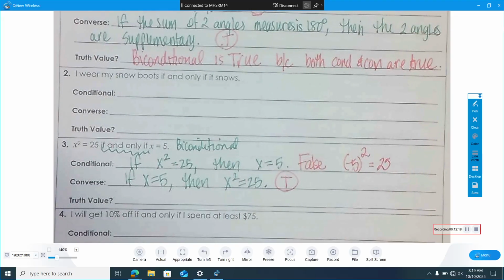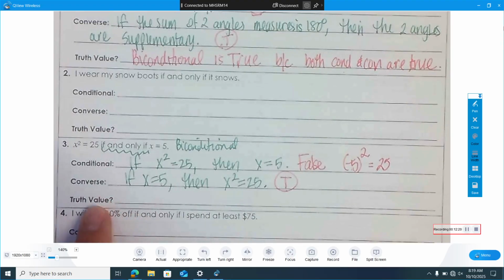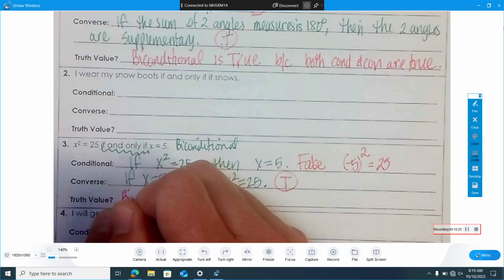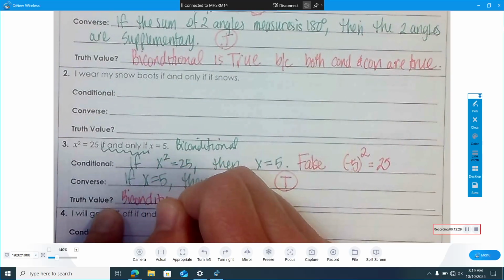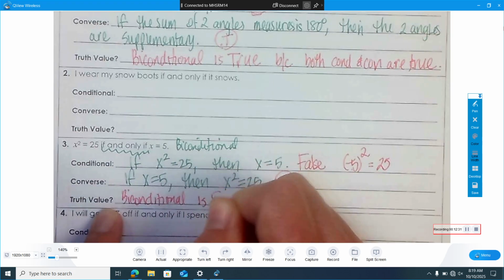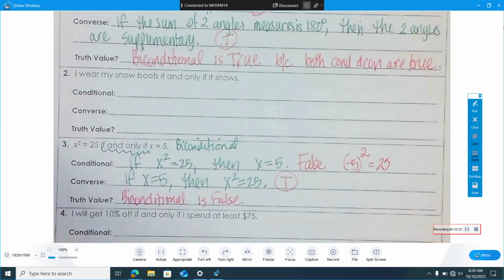That's why I like talking about this one. So tell me about the biconditional. Is the biconditional true or false? Biconditional is false, since the conditional is false. All right, fantastic. Do you have a question on that?